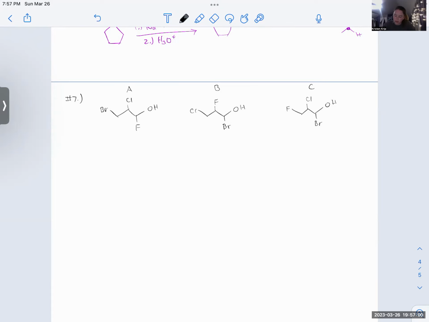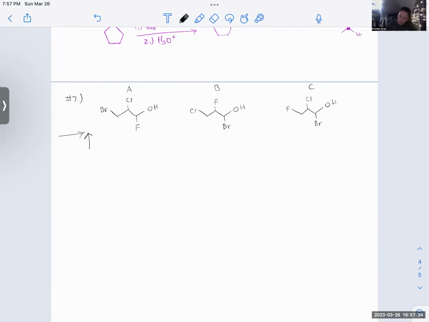So I kind of talked yesterday about the different things that affect acidity, and one of them happens to be electronegativity, but then also size, right? So here we're mainly looking at electronegativity, because remember, electronegativity increases this way and this way across the periodic table.